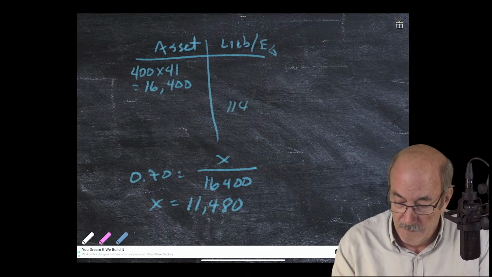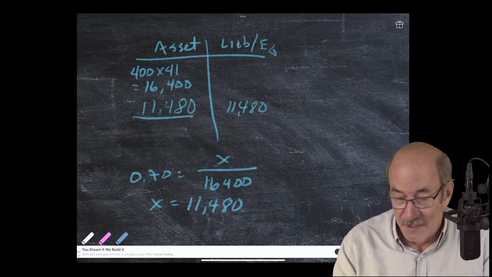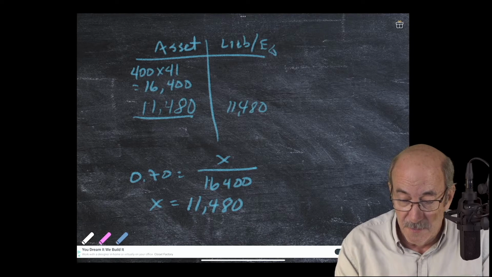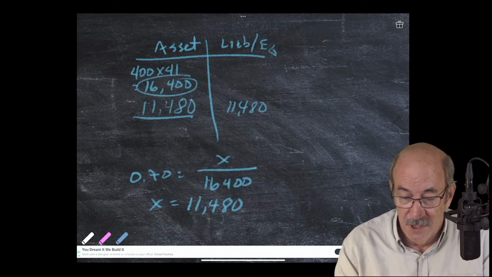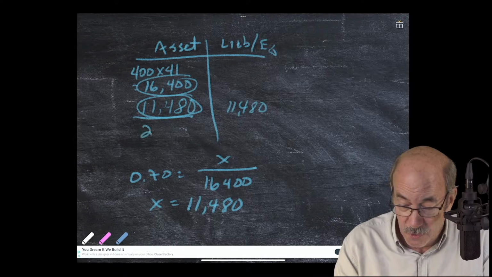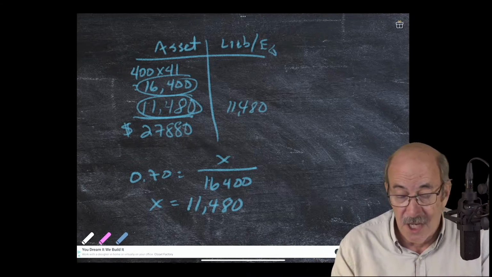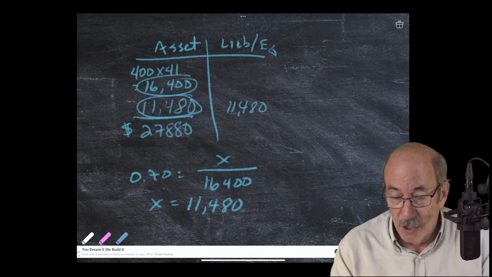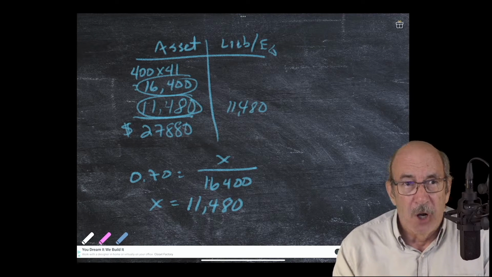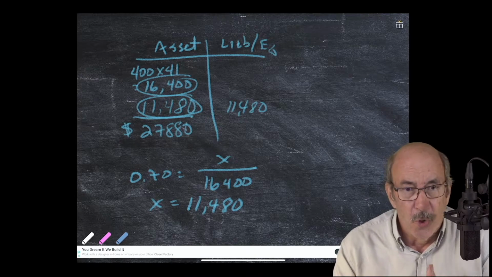Right. And so I put that in here. Now on the asset side, I have the sum of these two. This is my short sale proceeds. This is my margin deposit. The sum of that adds up to 27,880. And remember, this is in cash dollars, so that's going to remain the same unless there's a margin call. And we really haven't gone over that part of the process as we've looked at these problems, so don't worry about that part of it.